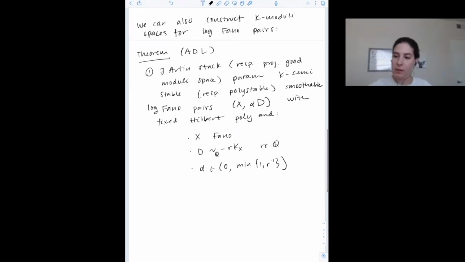And part 2 of this result is that these moduli spaces admit a wall crossing framework. So this alpha in front of the divisor, the coefficient of the divisor, allows us to make actually many different moduli spaces.